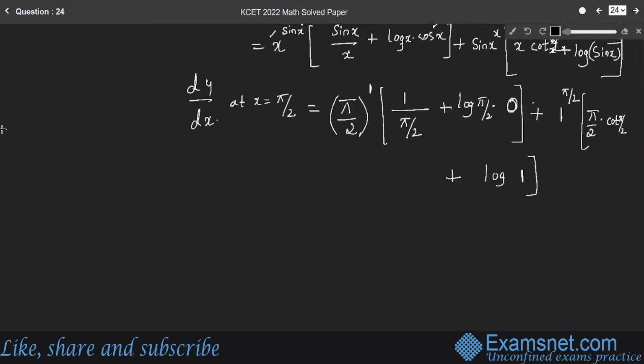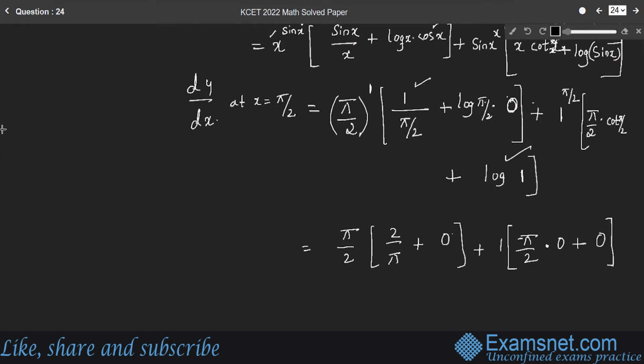Simple calculation. Here the first term is 1 by pi by 2, which is 2 by pi, plus log pi by 2 into 0. Any number multiplied by 0 gives 0, plus 1 into pi by 2 into cot pi by 2. So pi by 2 into cot pi by 2 is 0, plus log 1. The last term is log 1, which is also 0.